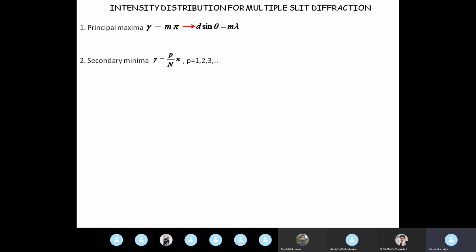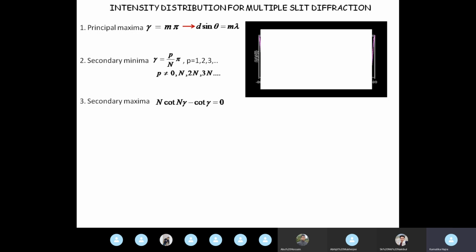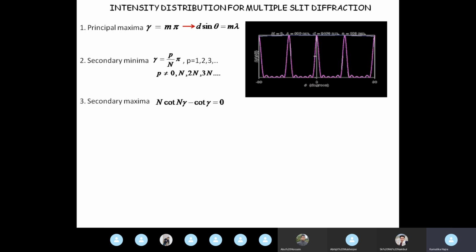We have the secondary minima at gamma equal to p by capital N pi, where p equal to 1, 2, 3, but p not equal to 0, n, 2n, 3n, etc. Repeatedly I am telling you this, so that it gets into your head. And these give us the positions of I equal to 0, the secondary minima. And then we have the secondary maxima given by the relation n cot n gamma minus cot gamma equal to 0.